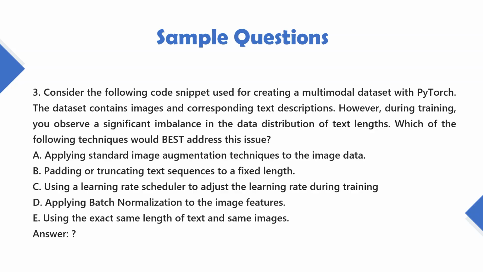A. Applying standard image augmentation techniques to the image data. B. Padding or truncating text sequences to a fixed length. C. Using a learning rate scheduler to adjust the learning rate during training. D. Applying batch normalization to the image features. E. Using the exact same length of text and same images.